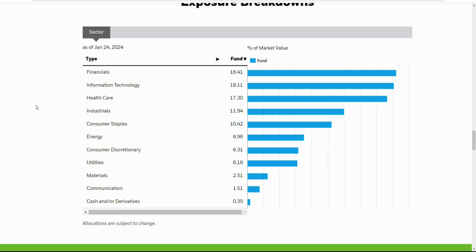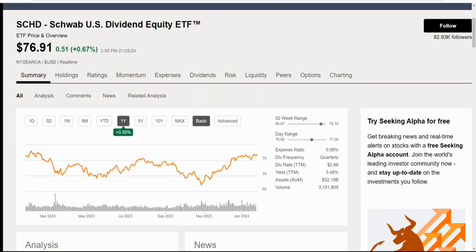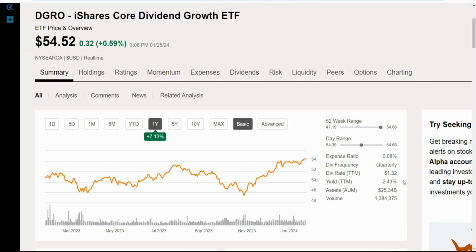So you're going to expect that variation in yield, because if you're selecting stocks in industries that pay higher yields, you're going to expect, of course, to get a higher yield from the ETF in the end.